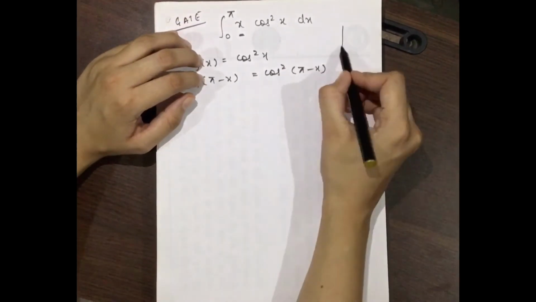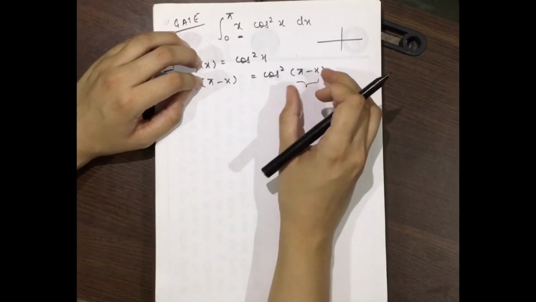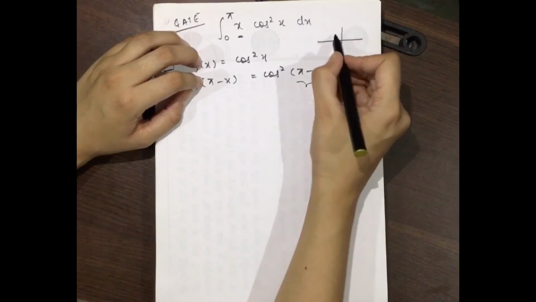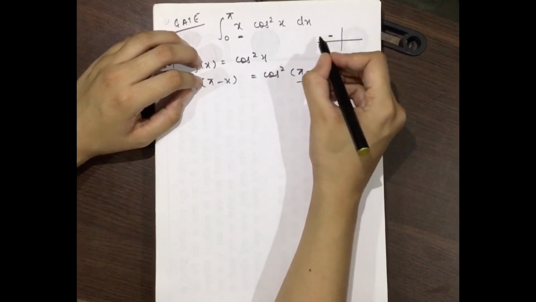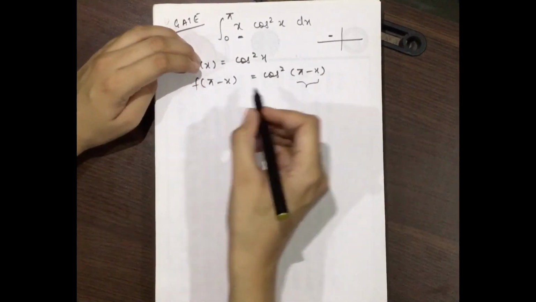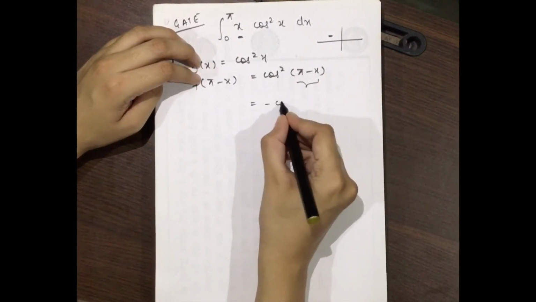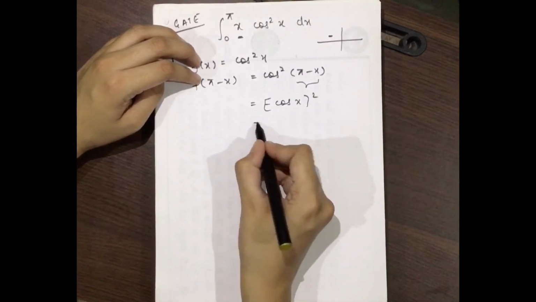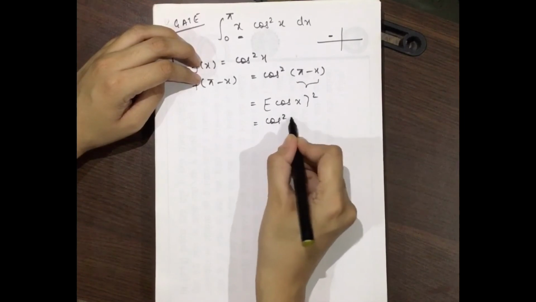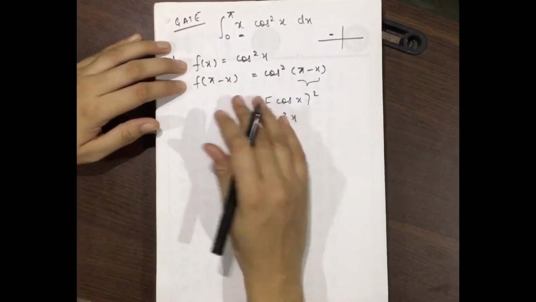Now see, pi minus x will come in the second quadrant, right? So here pi is there, so it will not change, right? Cos will be cos only, but it will come in the second quadrant, so it will come out to be minus cos x. Okay, and it will be minus cos x whole square, so it will be cos square x only. So here f of x is equal to f of pi minus x, right?